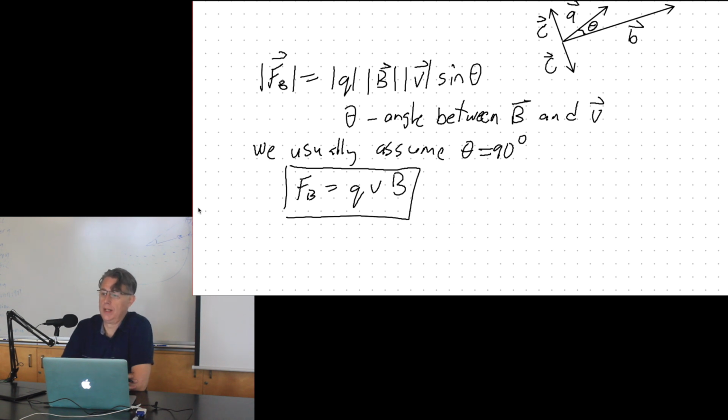Of course, sine of 90 is 1. This also brings up the other thing I mentioned in question 6 on the class problem I gave you, where the vectors are parallel. That means theta is equal to 0 when they're parallel.